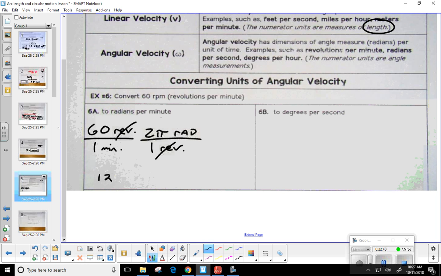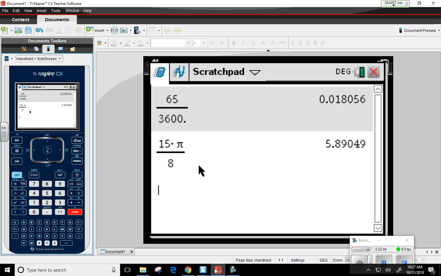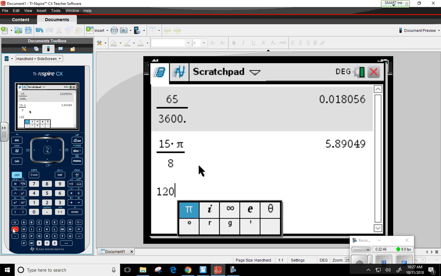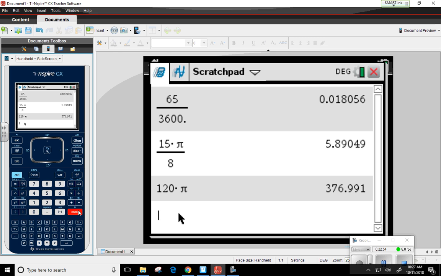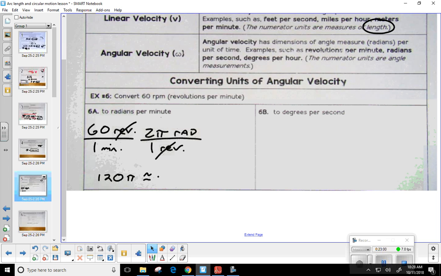Good, so 120 pi radians per minute. And why don't we approximate this one as well? Okay, so 376.99. So I would be really comfortable saying 377. So about 377 radians per minute.